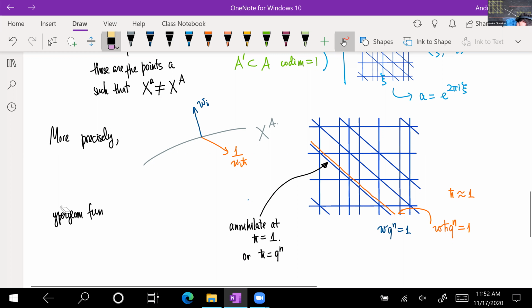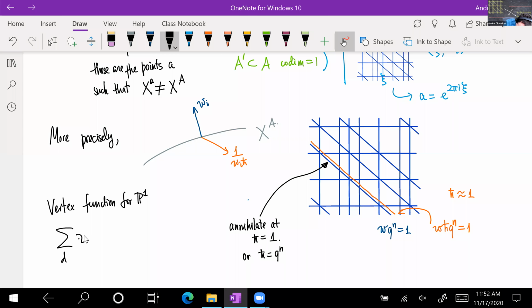For P1, this vertex function had the form of a summation over d of z to the d, with q to the d, q a d, h bar d, h bar a d.